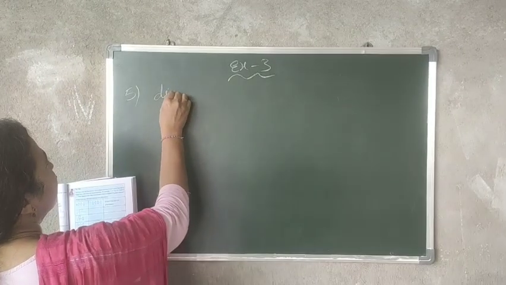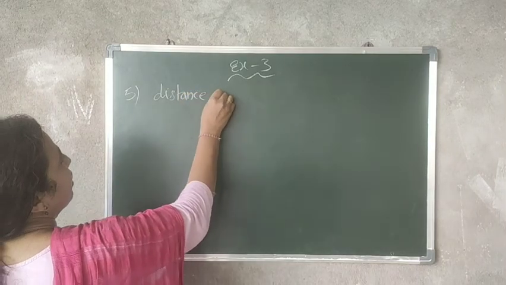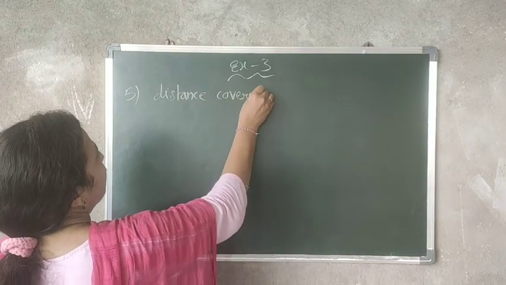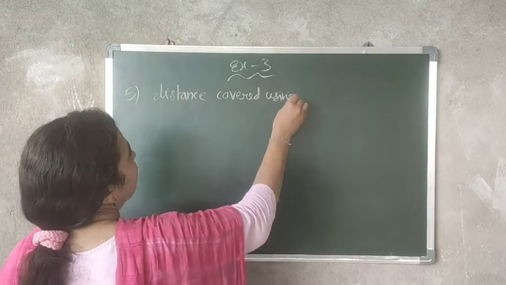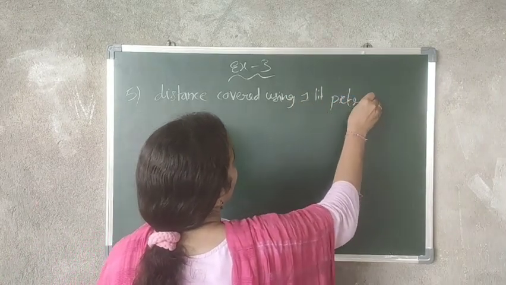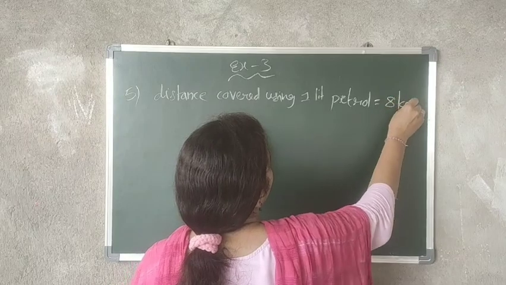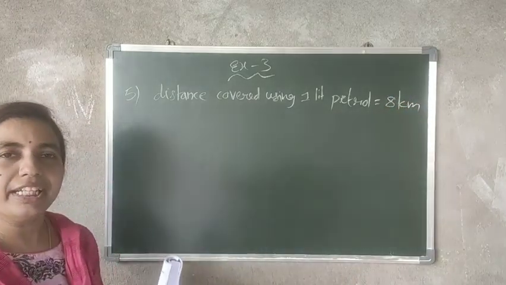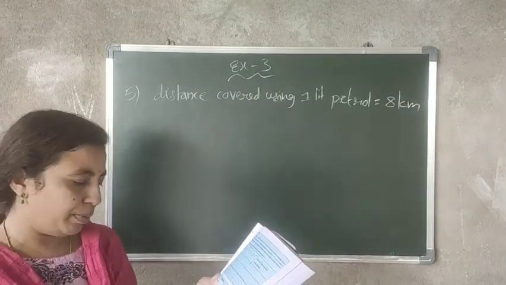Distance covered using 1 liter petrol is 8 kilometers. Using 1 liter petrol, the truck covers 8 kilometers.